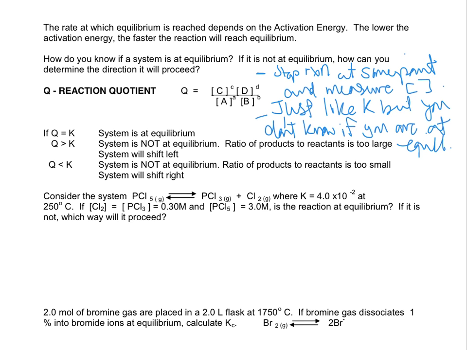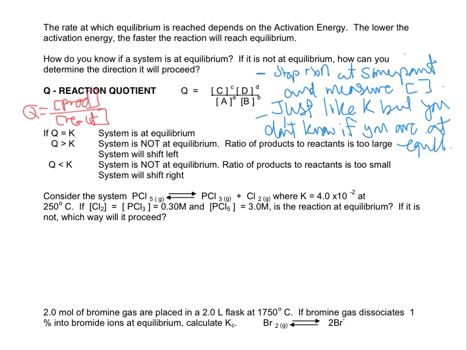How can it tell us? Well, at any given point you stop your reaction, measure your concentrations, plug them in here. If when you calculate Q it turns out to be equal to K, then that means you are at equilibrium. If Q is greater than K, remember Q or K are products over reactants. They are the concentration of products over the concentration of the reactants, raised to the power of their coefficients, of course. So K is at equilibrium.